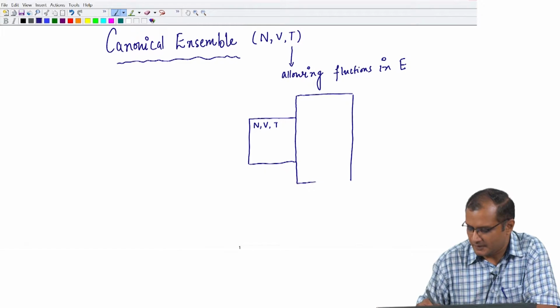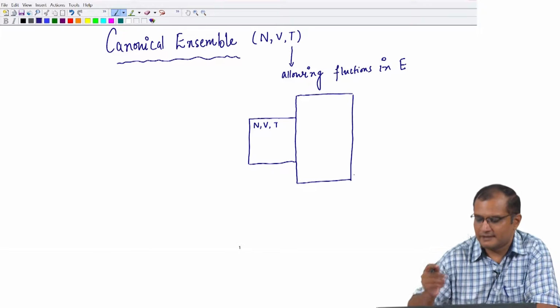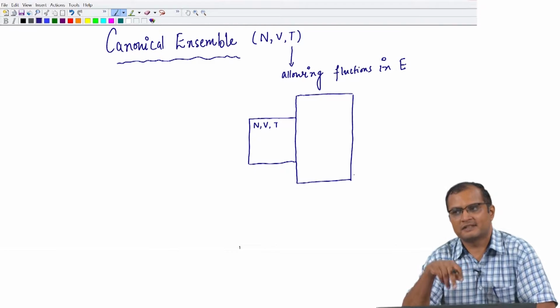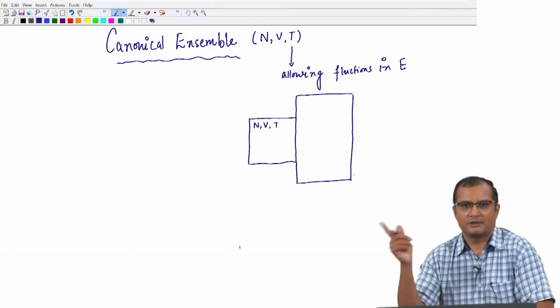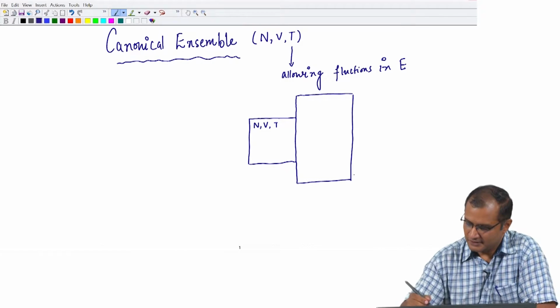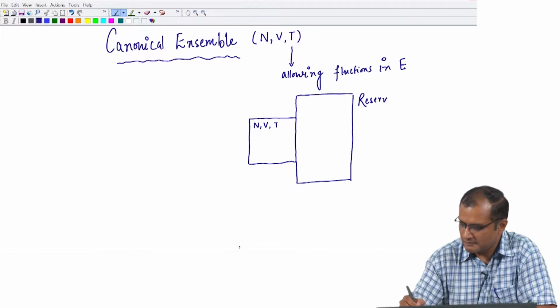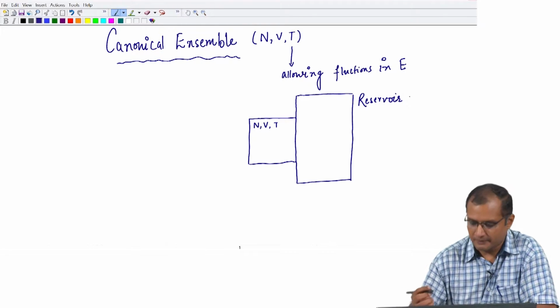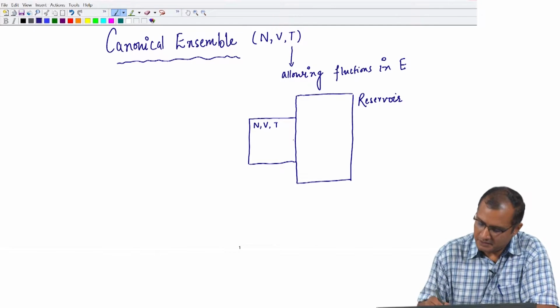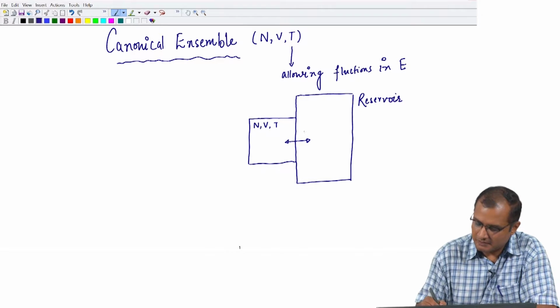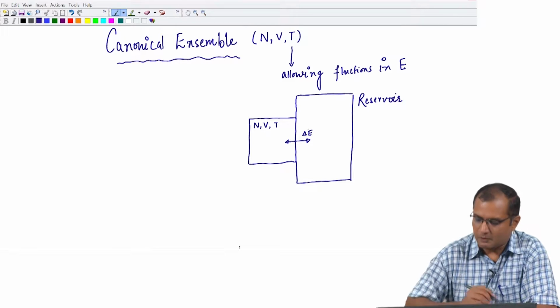Otherwise, if the reservoir is smaller than the system, then the system acts as a reservoir to your thermostat. So, this is my thermal reservoir, and I am allowing for an energy exchange between my system and the reservoir.